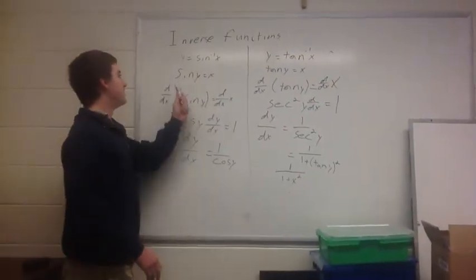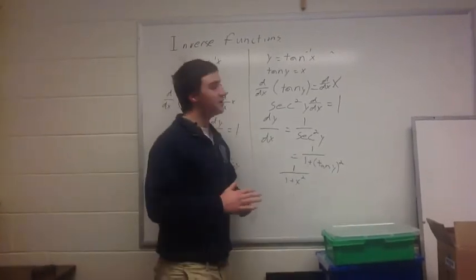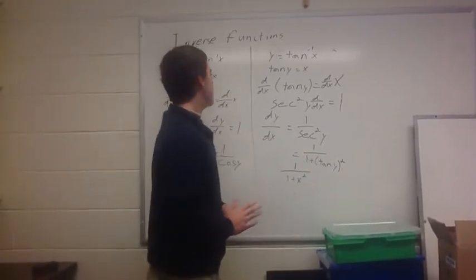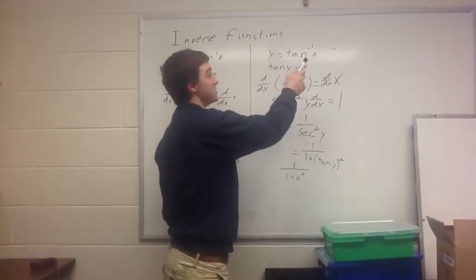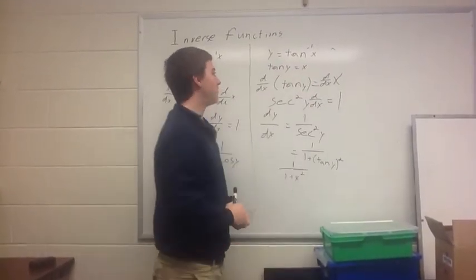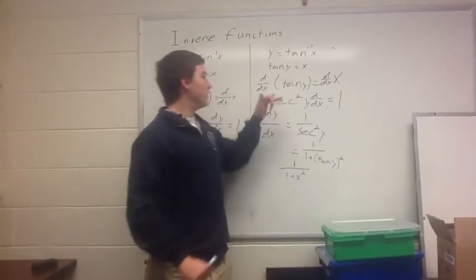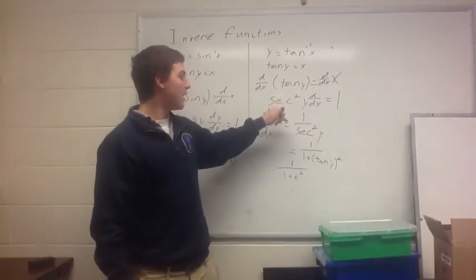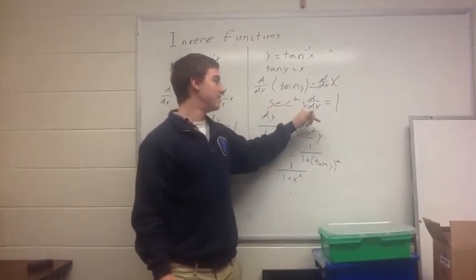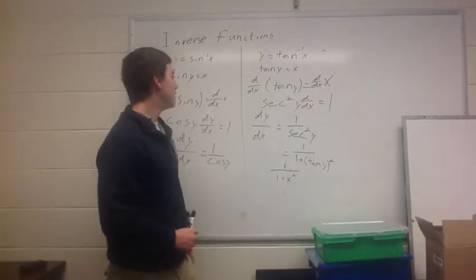The last thing we did was the inverse of sine x. Now we're going to get a little bit more complicated and try to do the inverse of tan x. It starts off with y equals the inverse of tan x. So we rewrite it as tan y equals x, because that's the inverse of it. And the derivative of tan y equals the derivative of x. So the derivative of tan y is secant squared y equals 1, because 1 is the derivative of x, as we all know.